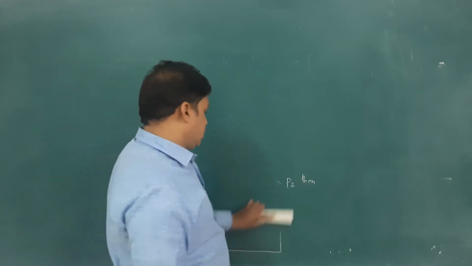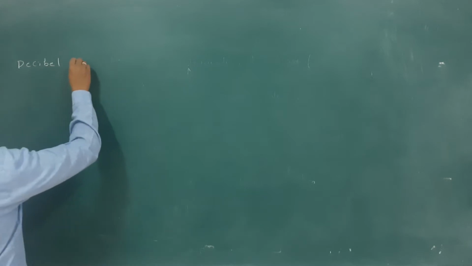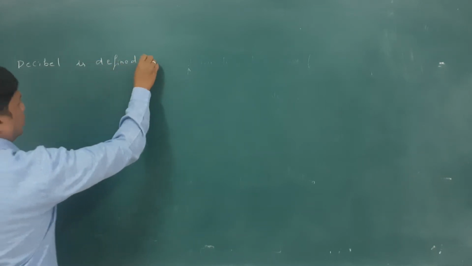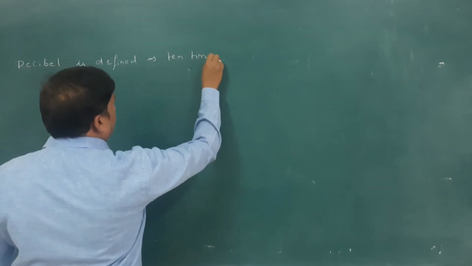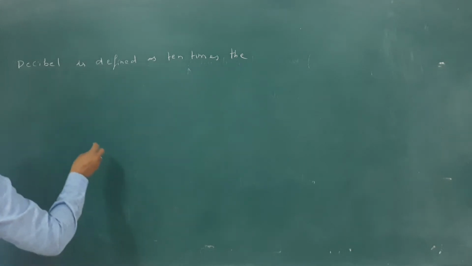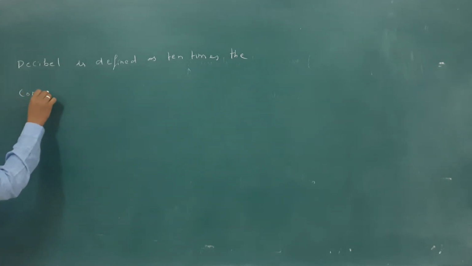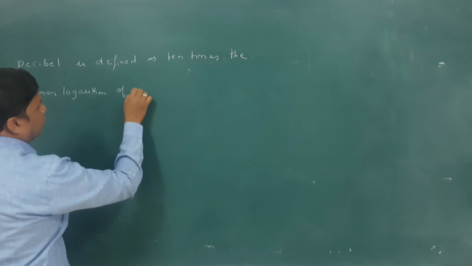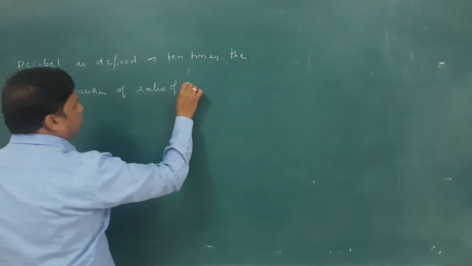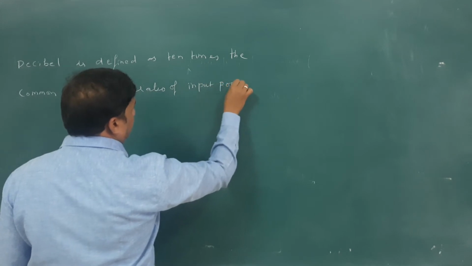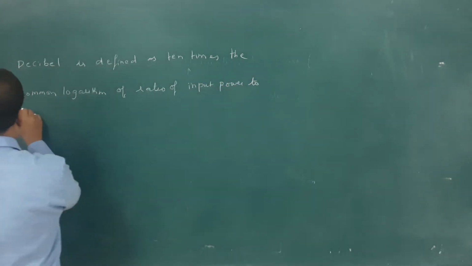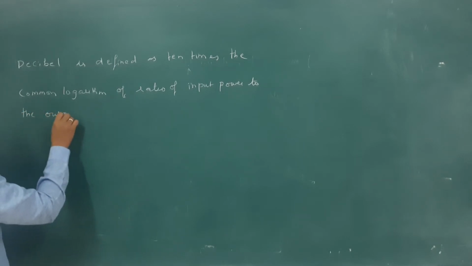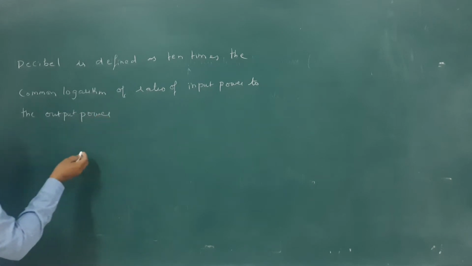You can write the definition of the decibel. The decibel is defined as 10 times the common logarithm of the ratio of input power to the output power, as we have written in the definition already.